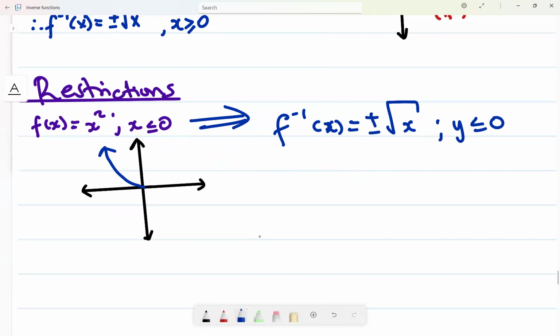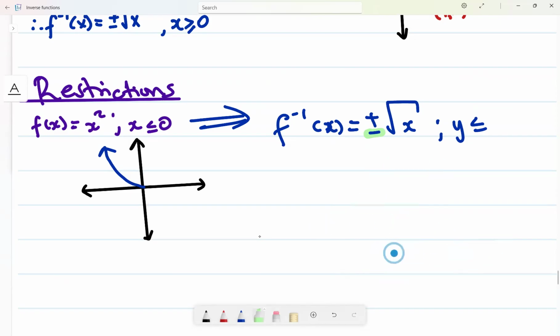How can I make y less than or equal to 0? I need to take the negative portion of this. If I take that to be negative, it's going to be negative square root of x. Even if I say negative square root of 1, it's going to be negative 1, not square root of negative 1.